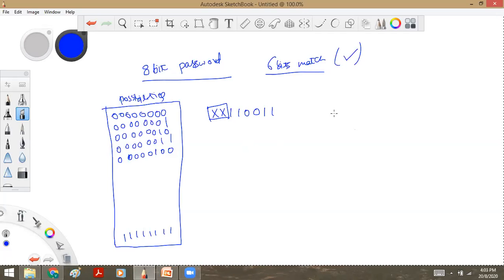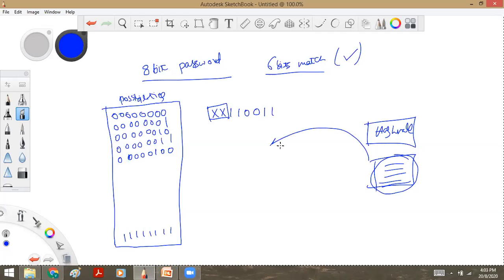For trying the possibilities, you can't just put all zeros, all ones. You need to calculate the hash value. Imagine the hash value is an 8-bit number in this case. Now you have a block, you have transactions, and you need to calculate the hash of this. And if the hash of this is coming as 0 0 0 0 1 1 0 1, is it matching?